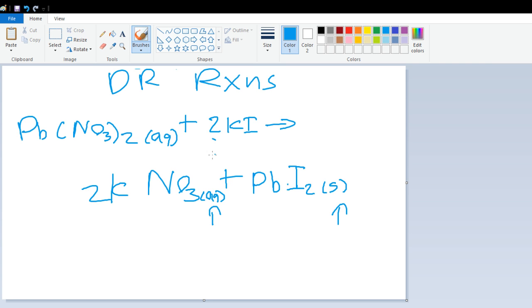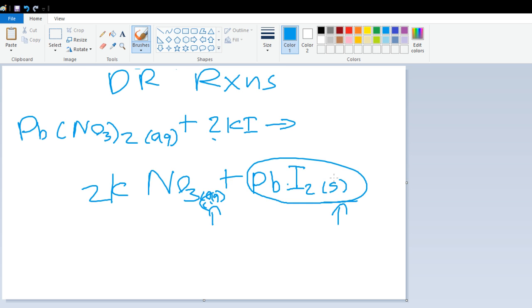However, we can look it up and see that, depending on what rule set you're following, one of the rules is going to say that all nitrate compounds are soluble, meaning we'll have, again, an aqueous solution. And we'll look further and we'll see that all iodide compounds are soluble except those of lead, silver, and mercury. And this is definitely one of those situations, and so we have a precipitate.